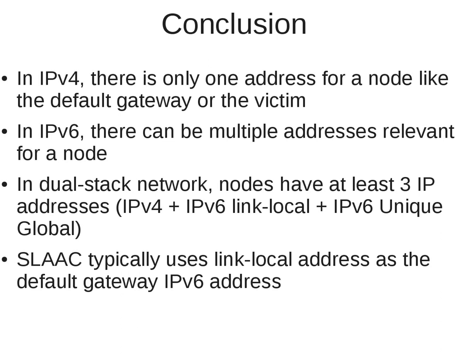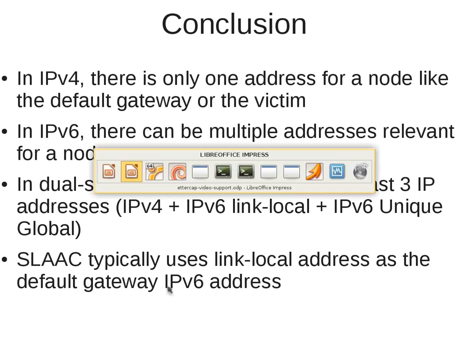And when we have both address families enabled, then we have really a lot of IP addresses, at least three IP addresses per host. And what we also saw, using the stateless address autoconfiguration, is that it typically uses the link local address as the default gateway IPv6 address. This is important to know.